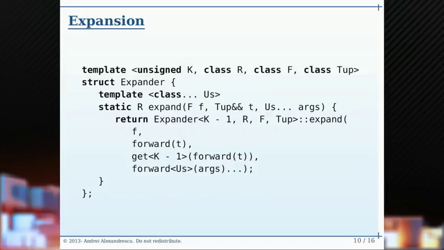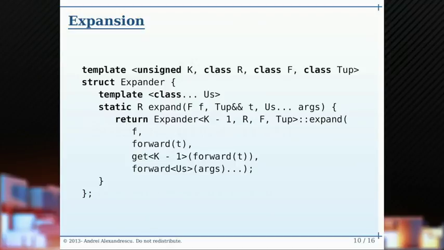Inside, and this is sort of the key thing, I have a different template which takes variadic args. And that's sort of my in-flight expansion that's ongoing right now. OK, so expand, and we take the function, we take our rvalue reference to the tuple, and we take the arguments. And inside, this is going to be one sort of stage of the rocket, right?